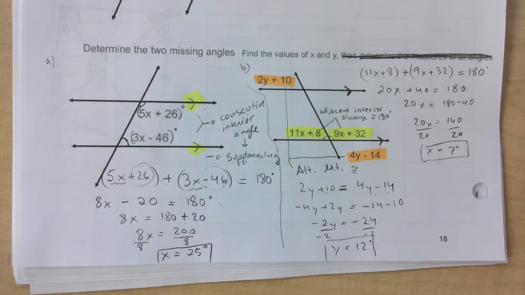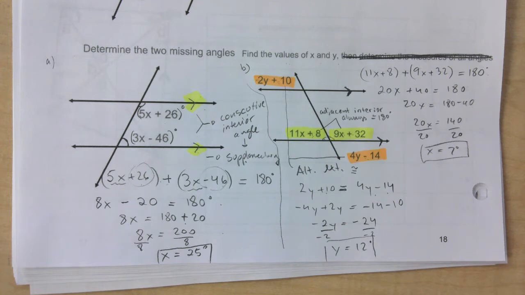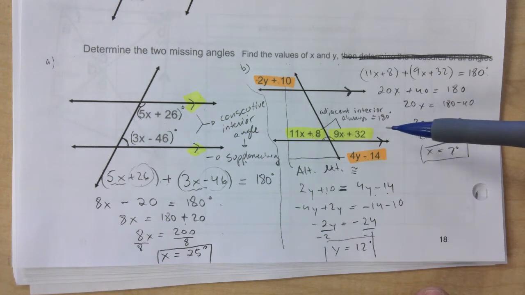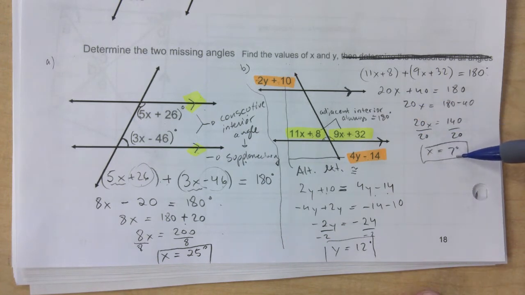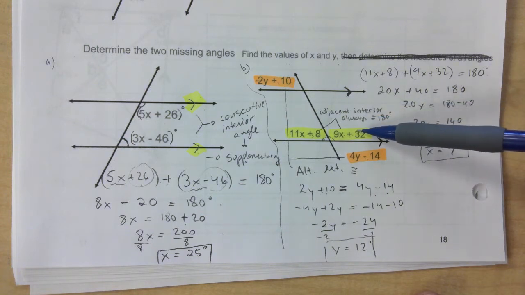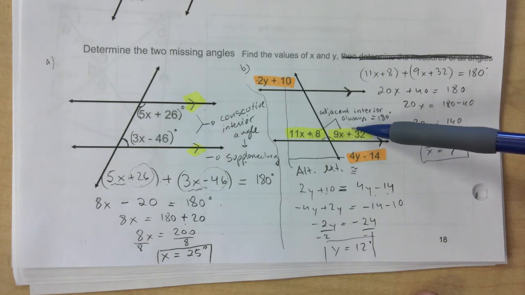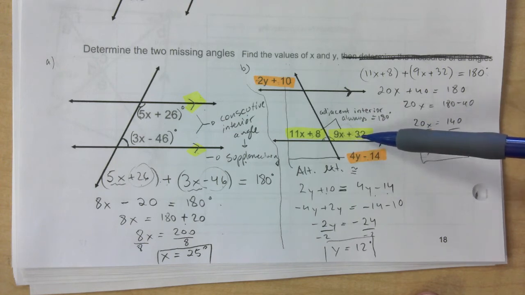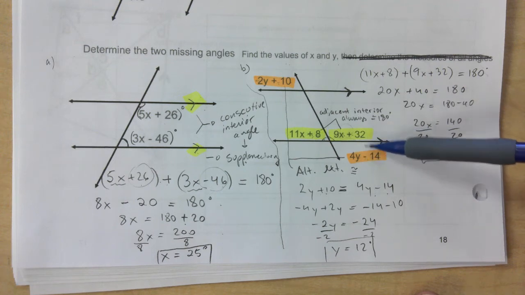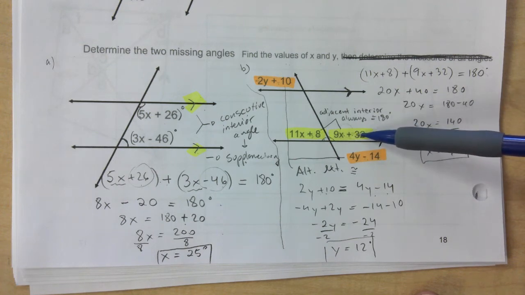I will strongly discourage students from doing the following. Some students find out what x is, and they'll plug it into this, solve for whatever this is, and then say that, hey, these two must be equal to 180. So they'll just say 4y minus 14 plus the angle they get here is equal to 180.